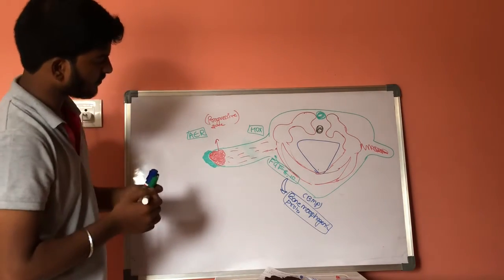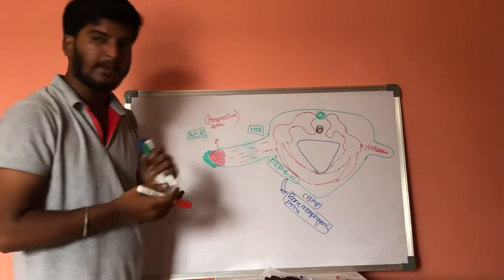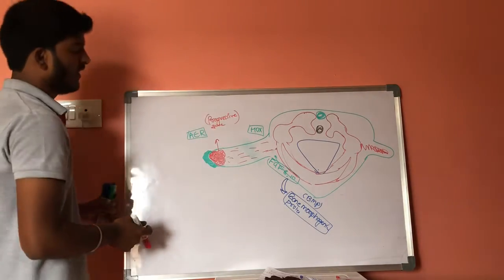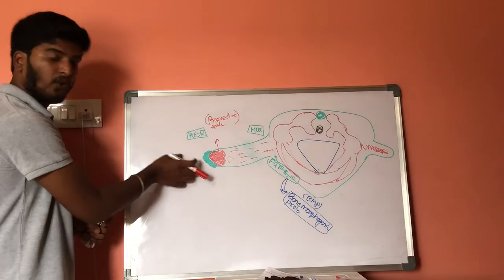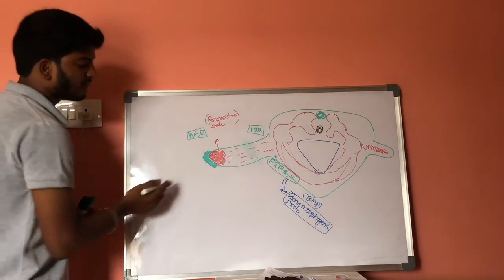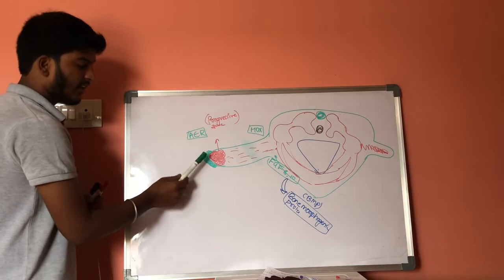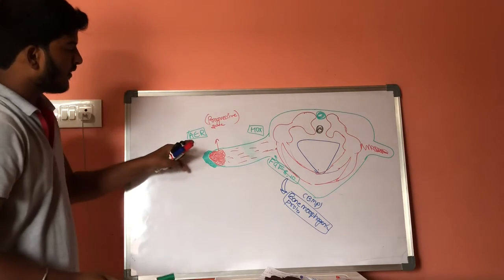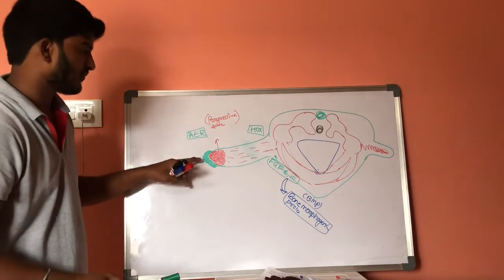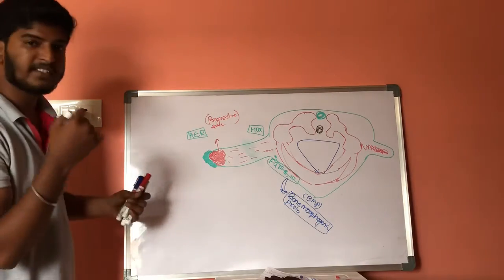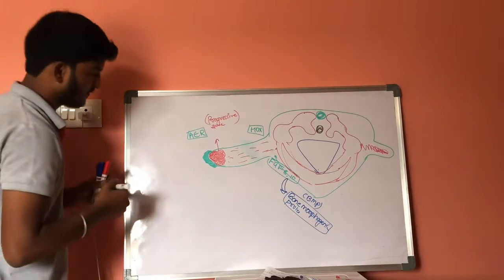Now, whenever mesenchyme is accumulated, it starts growing in this manner, and the anterior ectodermal ridge will be subdivided into 5 divisions.